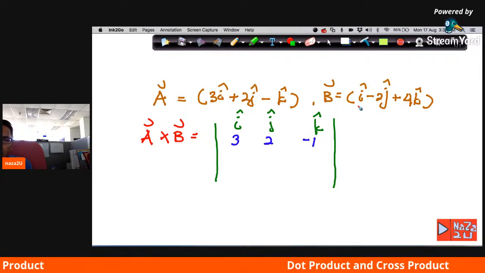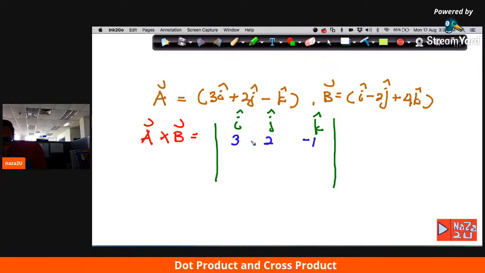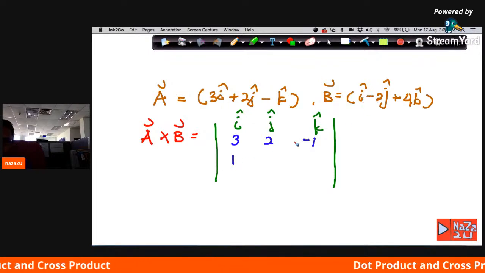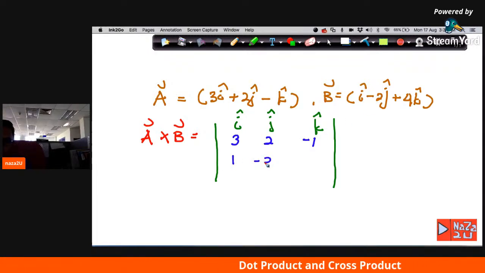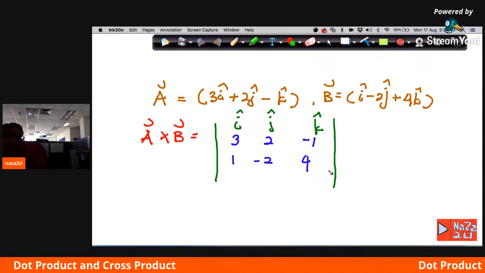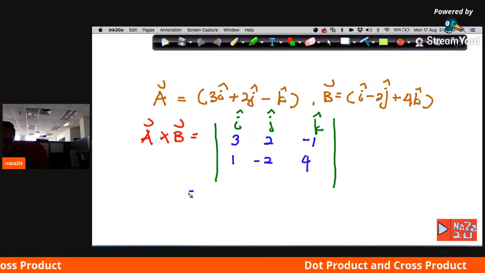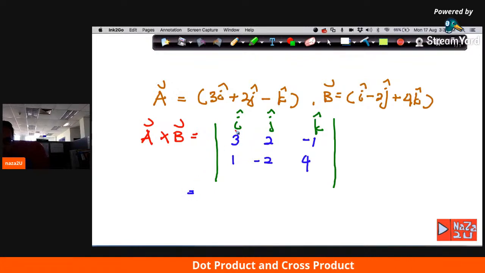And for vector B, we have I equal to 1, this is negative 2, and this is 4.